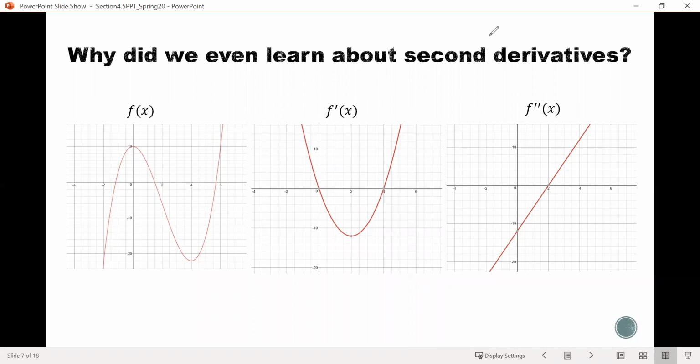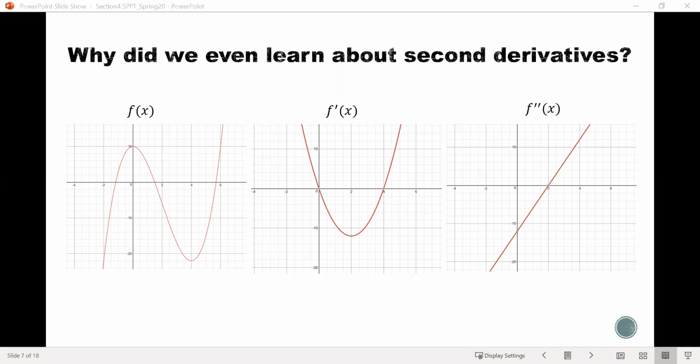If we had a function that gave us the position of something, or the distance that something was from a starting point, taking the first derivative gave us that something's velocity at a certain time, and the second derivative gave us the acceleration.